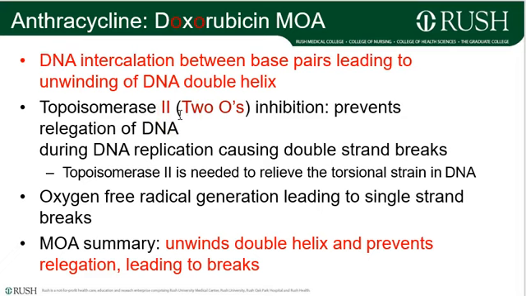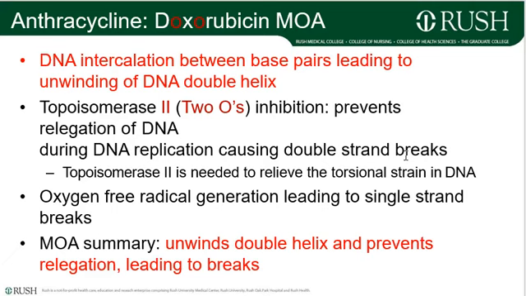So that's our physical target. We're going to prevent the religation of DNA during DNA replication. We're going to induce double-strand breaks, which put a lot of stress on the DNA molecule itself. It's torsional strain, as shown here. You can also see the generation of oxygen-based free radicals, and that contributes to single-strand breaks.